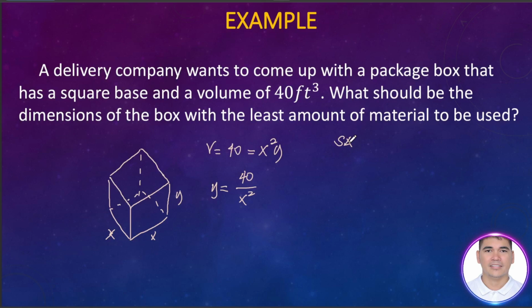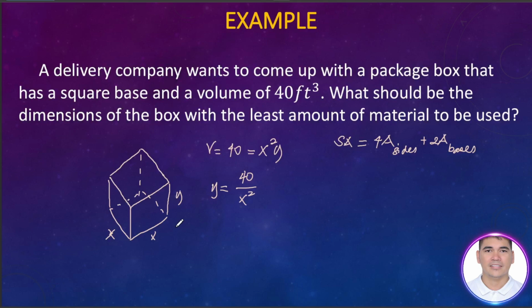The required function for this problem can be derived from the formula: surface area equals 4 times the area of the sides, since the box has 4 sides, plus 2 times the area of the bases. So the box has two bases and four sides.